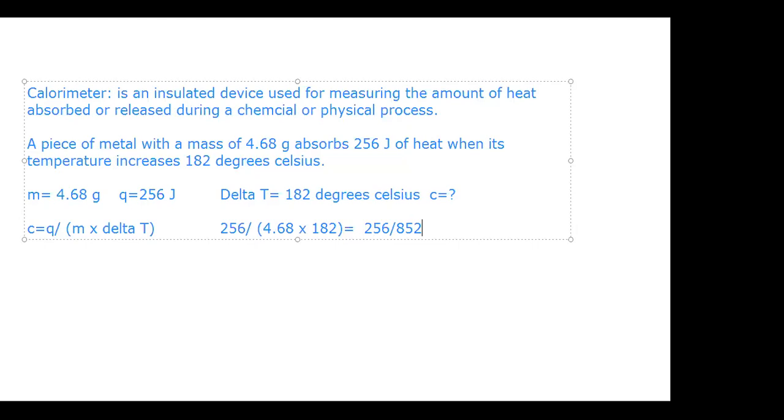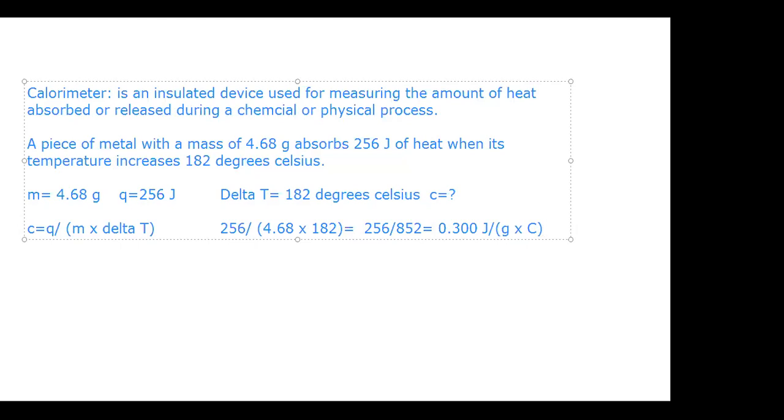You should get that this is going to be equal to 0.300 joules per gram times degrees Celsius. Okay, so our specific heat is 0.300. And it asks, could this be one of the metals?